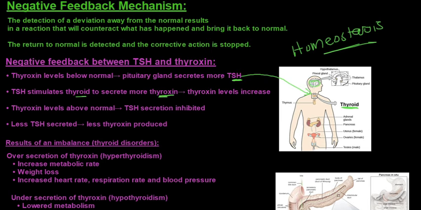And because it's stimulating, the thyroxine levels will increase, and when the thyroxine levels are above normal, the TSH secretion will be inhibited. So the pituitary gland stops its function in secreting TSH, because now we don't want the thyroid to secrete any more thyroxine. So less TSH secreted, which means less thyroxine is produced. So once again, negative feedback is very much when one hormone inhibits the secretion of the other.